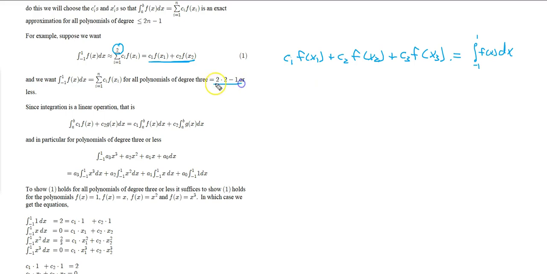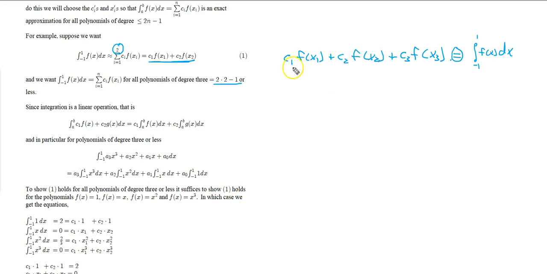Notice that comes from 2 times 3 minus 1 is 5. And so we would want to have equality here whenever f is the polynomial or the function 1 or x squared, x cubed, x to the 4th, or x to the 5th.